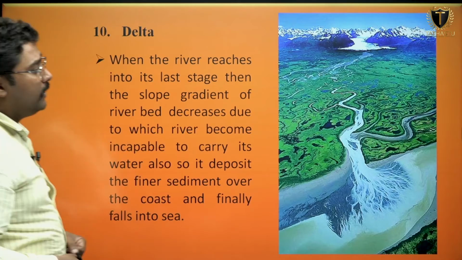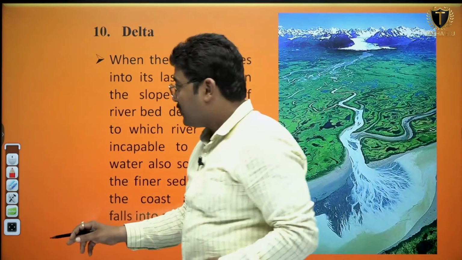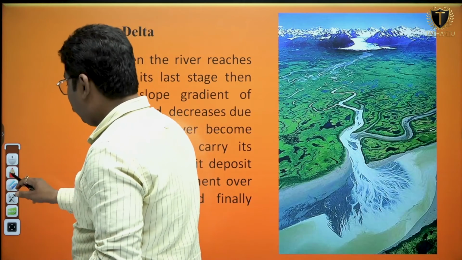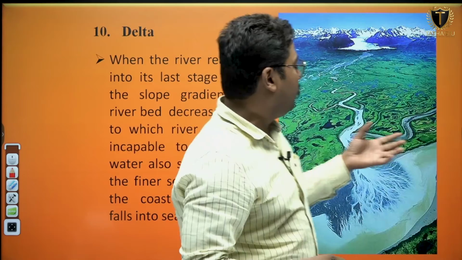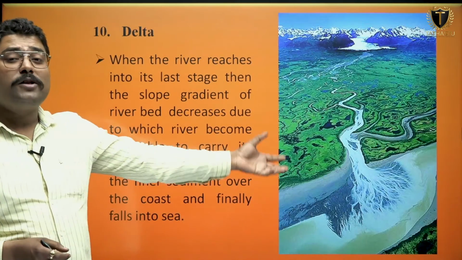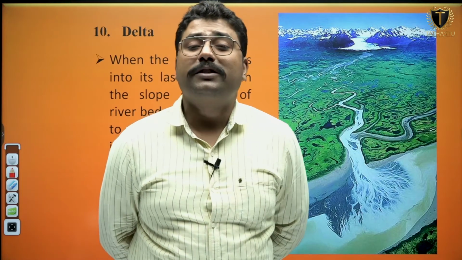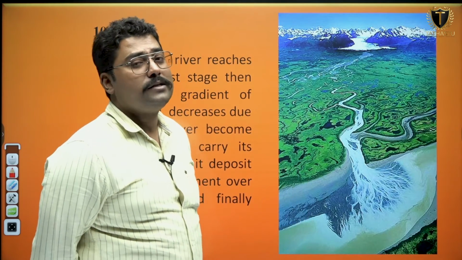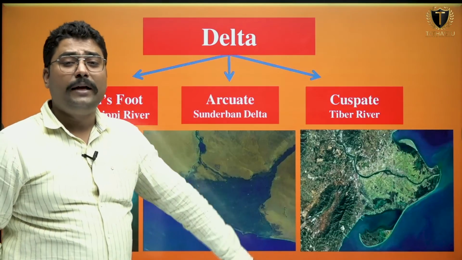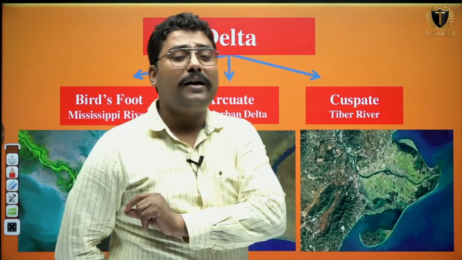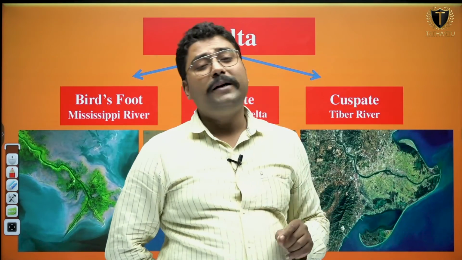Now moving on, if the river is passing through all the three stages of its life and finally it is going to merge in sea, it will form delta. Now the formation of delta, in our childhood what we have seen, that the triangular deposition of the sediment near the sea is considered as delta. But technically deltas are of three types. One is bird's foot delta, second one is arcuate delta, and third one is cusped delta.